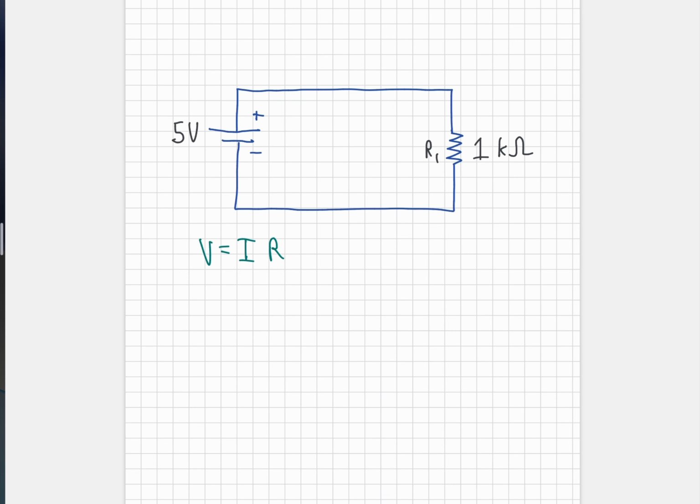So when we're doing that, we know that we have the voltage, which is 5 volts, and our resistor R1 equals 1 kilo ohm, which is 1,000 ohms.